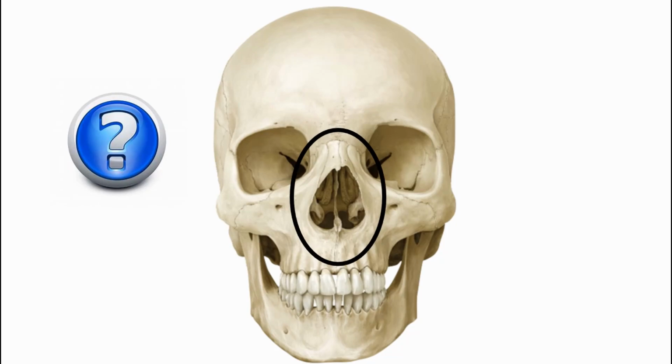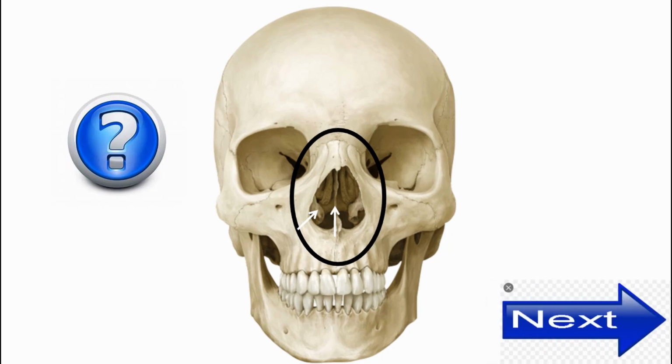Inside this circle you can see the internal cavity of the nose, the internal part, where you can see a nasal septum dividing the cavity into halves, and you can see here is a bone projecting into the nasal cavity. This is called a concha or a turbinate bone, and this is something we are going to see in the next few slides.